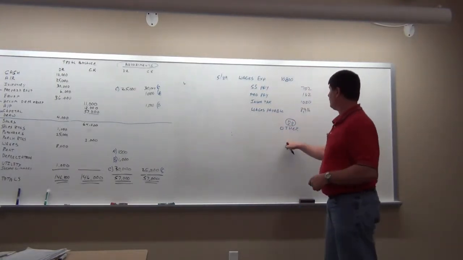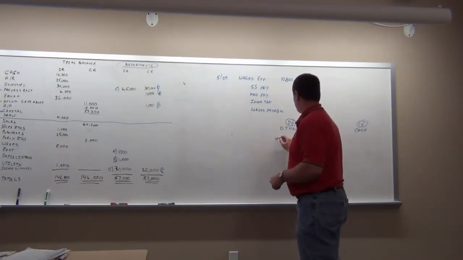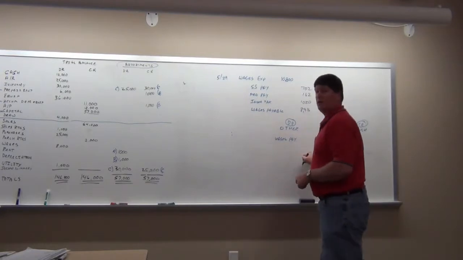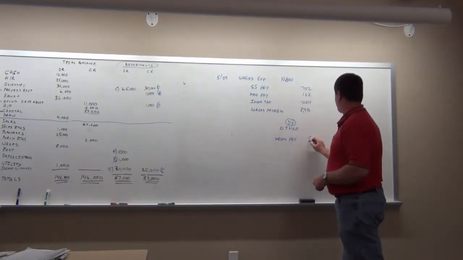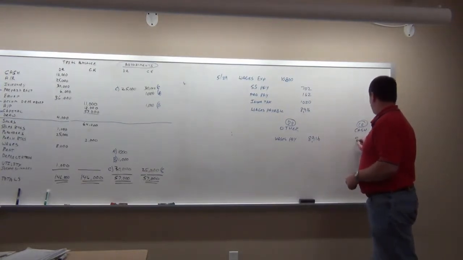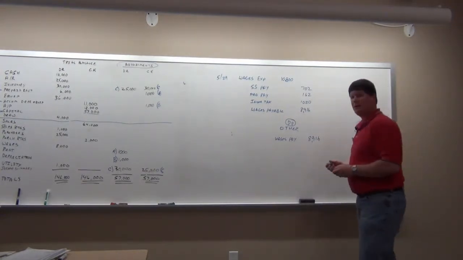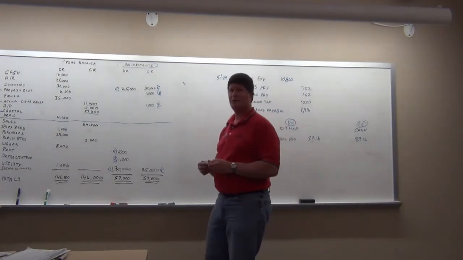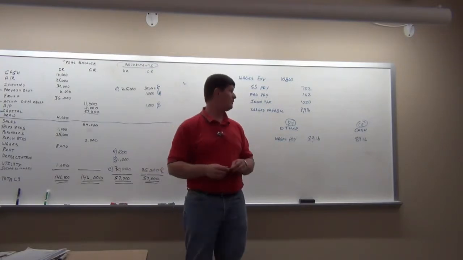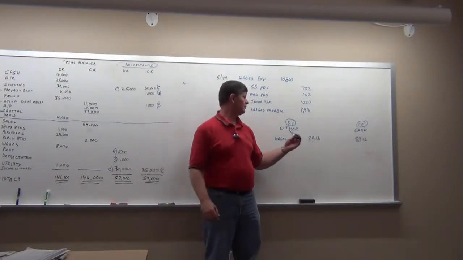So we'd come over here to other, and we would have the wages payable account, and we would debit that for the 8,916, and our credit to cash would be the 8,916 when we write the checks. So you've taken care of it. We need to debit there because we credited when we recorded the payroll.